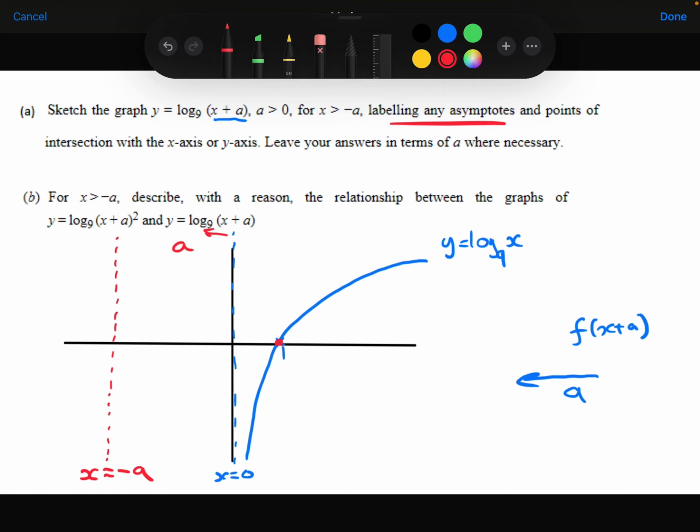The intercept here was at 1. So I've subtracted a from that. So that's now going to be at 1 minus a. Now moving the graph back, a squares is going to look something like that.